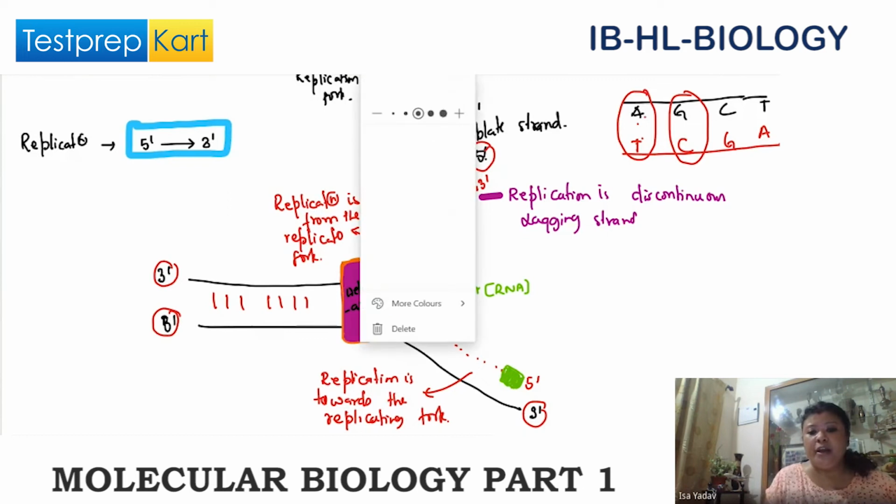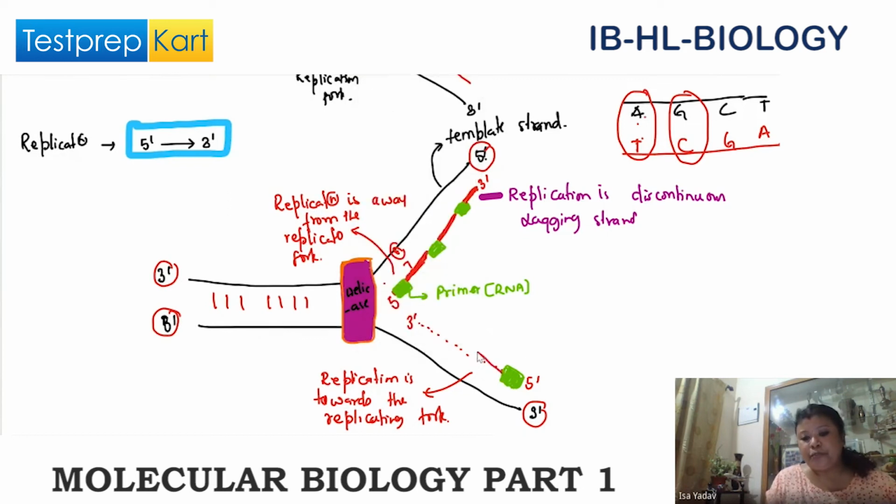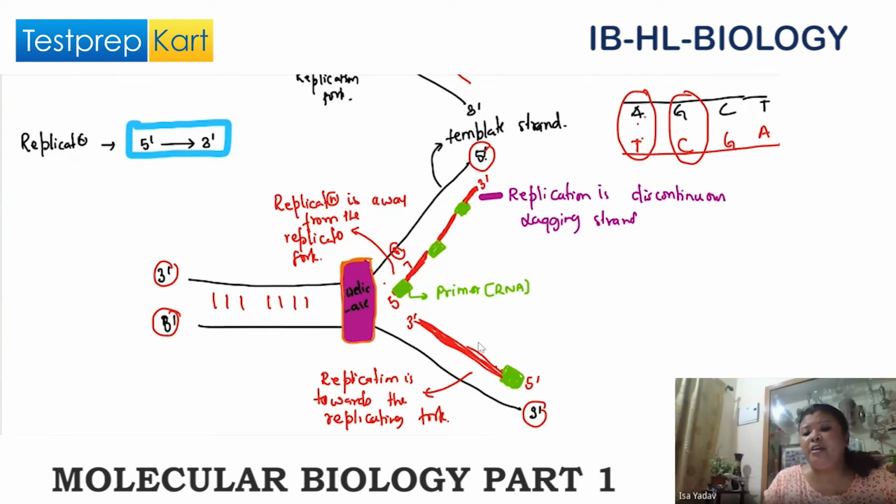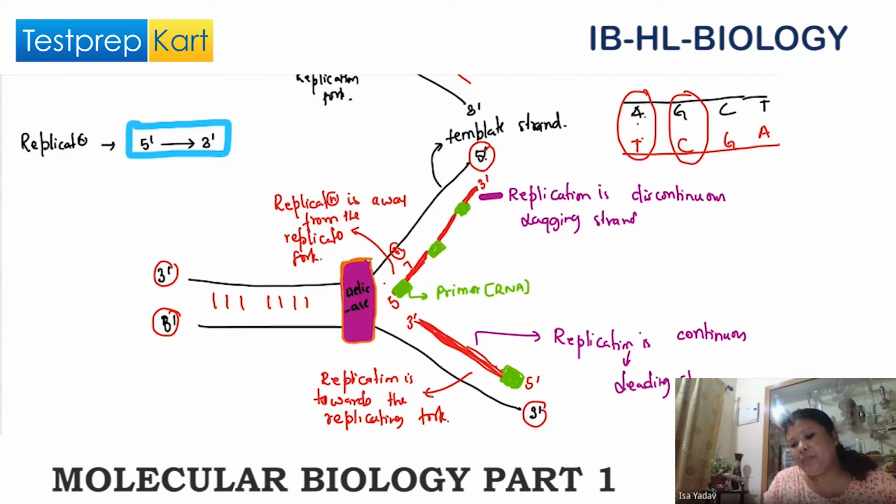So here, the nucleotides will be continuously added. Continuous addition of nucleotides. So in this strand, replication is continuous. So it is called as the leading strand. This point is clear?